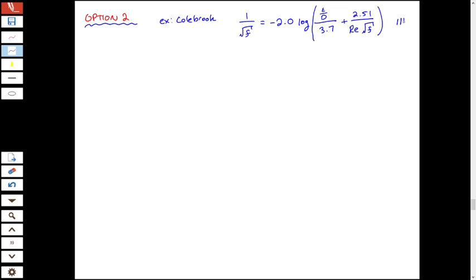And if we use that, there's my third equation, right? So 3 equations, 3 unknowns.